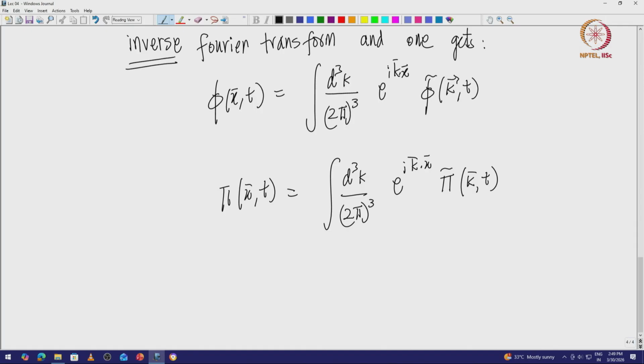So, from the inverse Fourier transform you can get back your phi of x, t in terms of the phi tilde of k of t essentially, and the same thing also holds for the pi, the conjugate momenta.